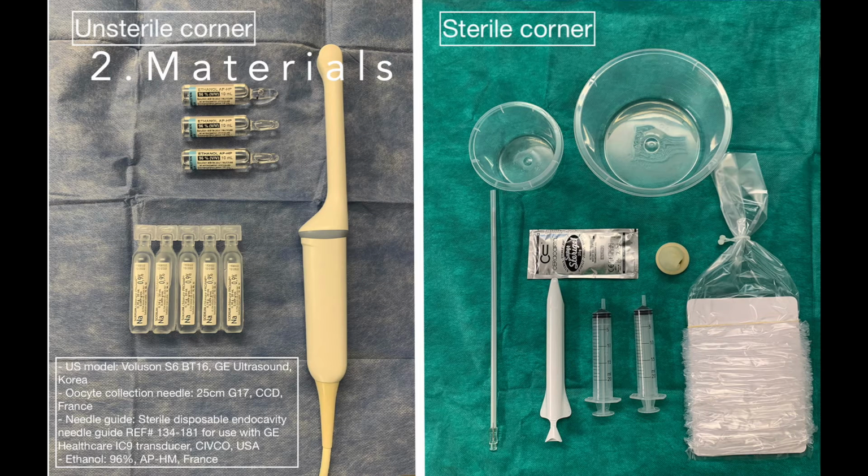Step 2. Materials. A strict sterile technique is used. We need an ultrasound unit with a transvaginal probe, a sterile cover, and gel for the probe. We use a needle guide, like for oocyte retrieval, a single lumen puncture needle, saline solution, several syringes, and 96% pure ethanol.